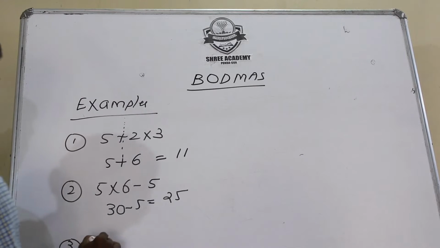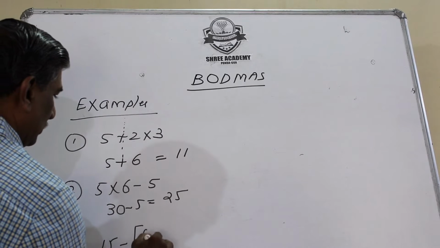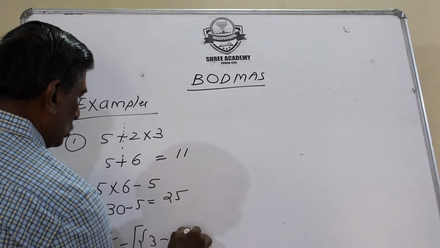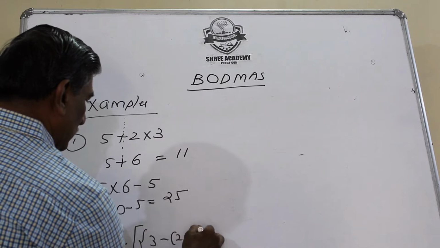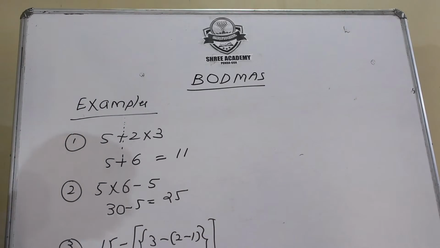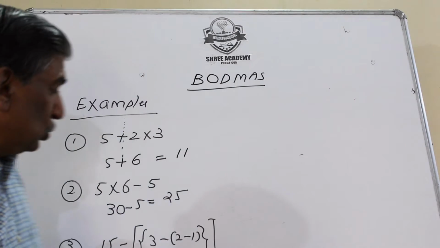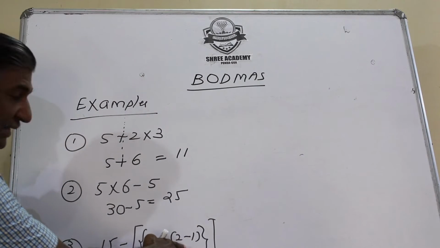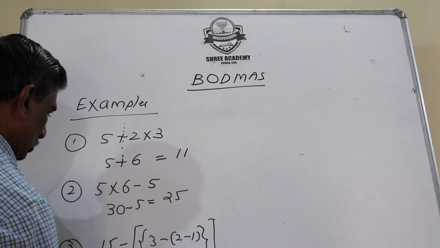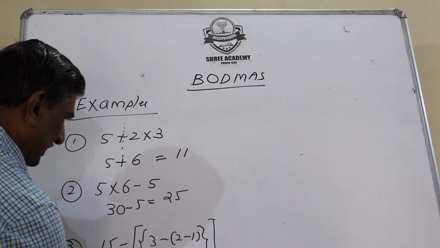Third is, if I am giving you 50 minus 3 minus 2 minus 1. Now just see this order. I told you we have to always start from the innermost bracket. Now my innermost bracket is this one. So this will be written as such.